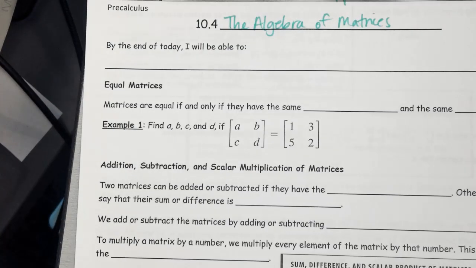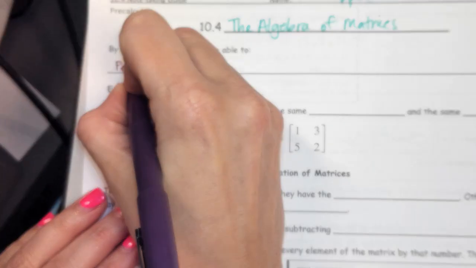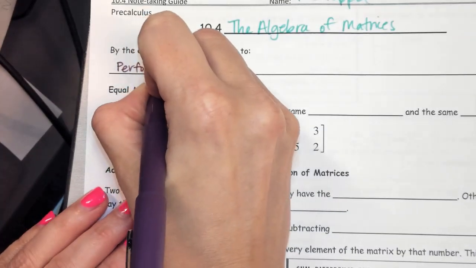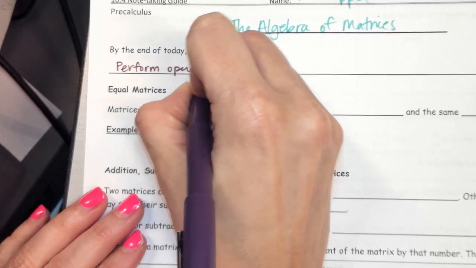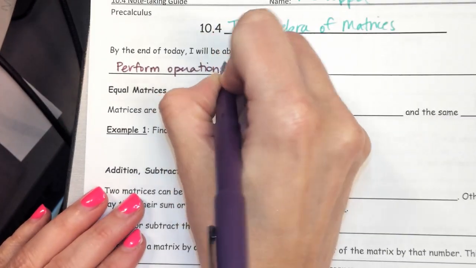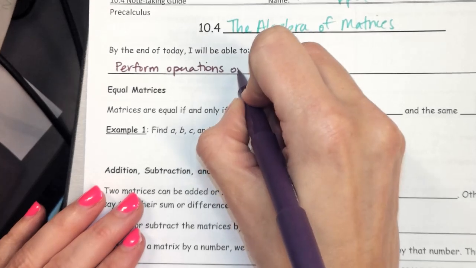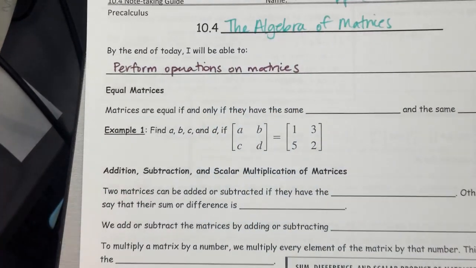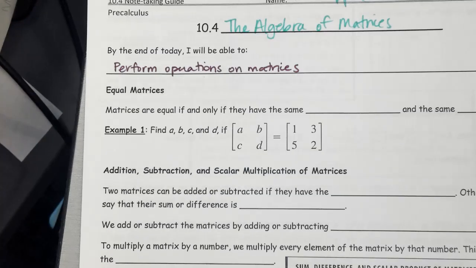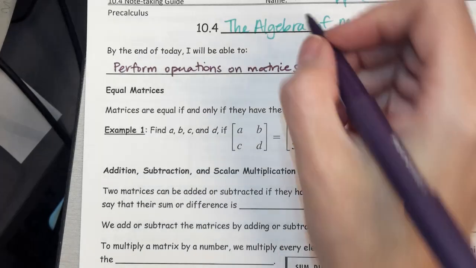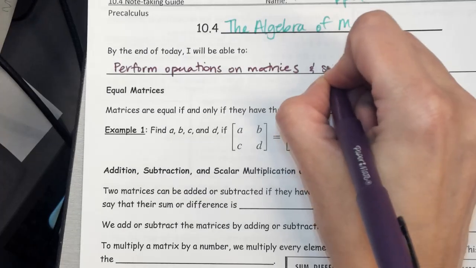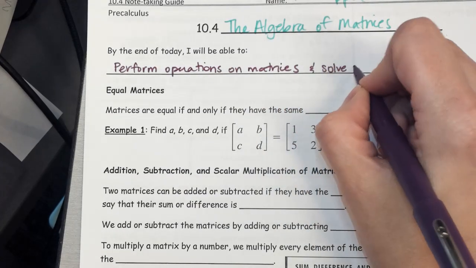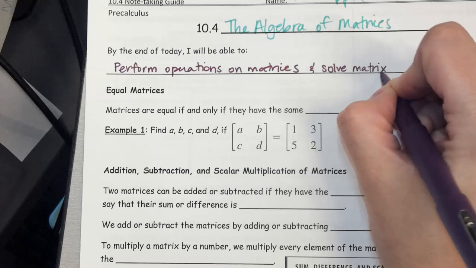We are going to add and subtract, and we're going to multiply. The multiplication is going to be a little bit different, but the addition and subtraction are very intuitive.